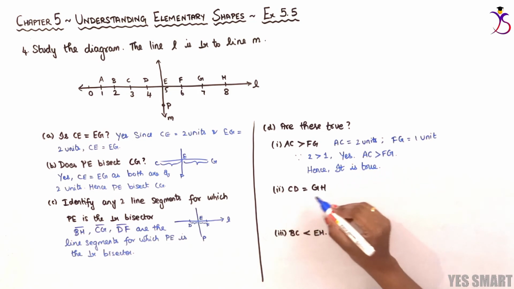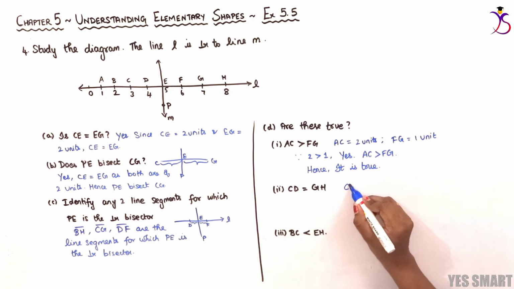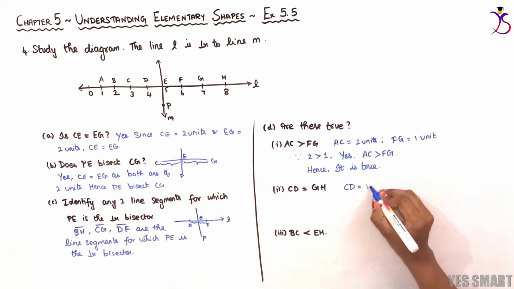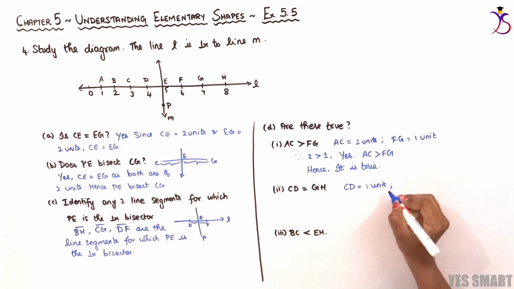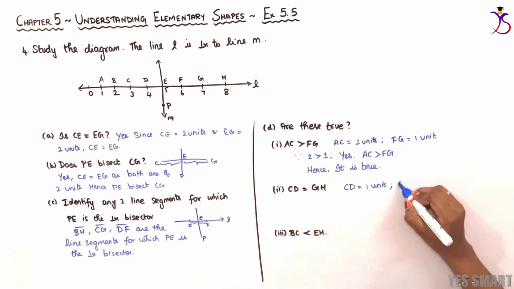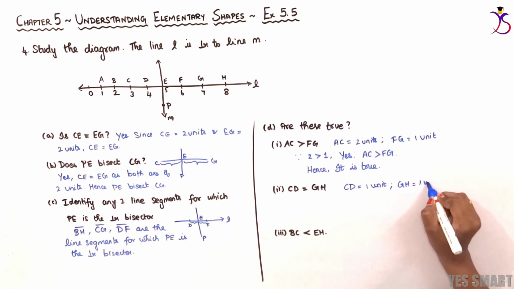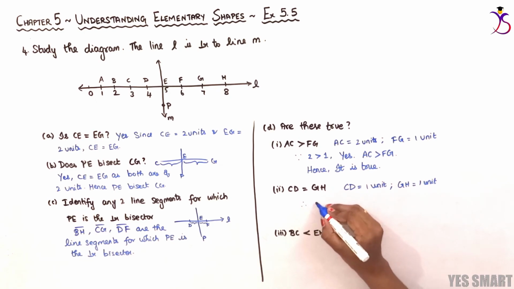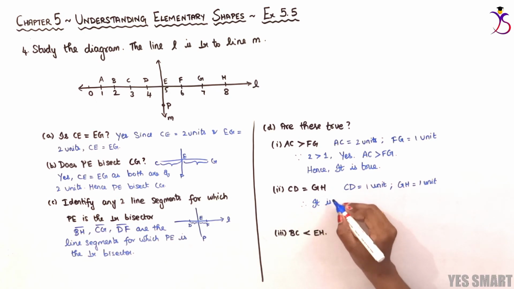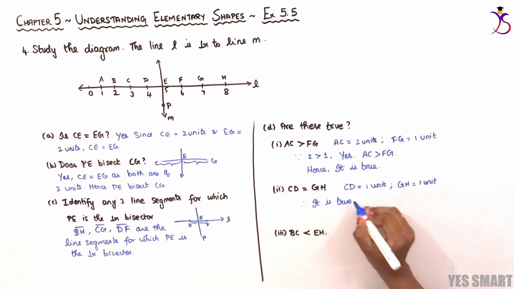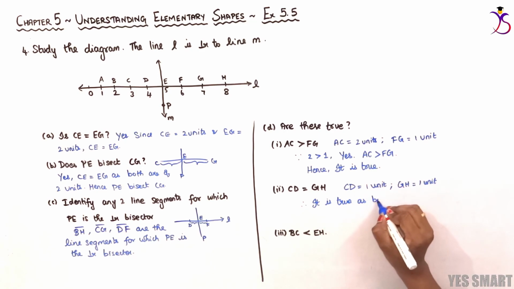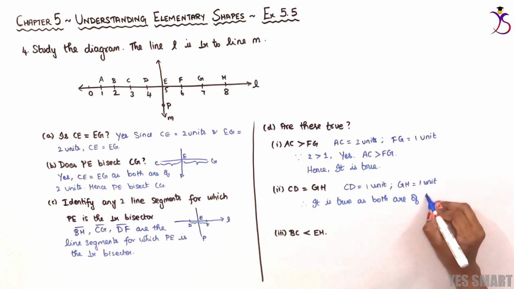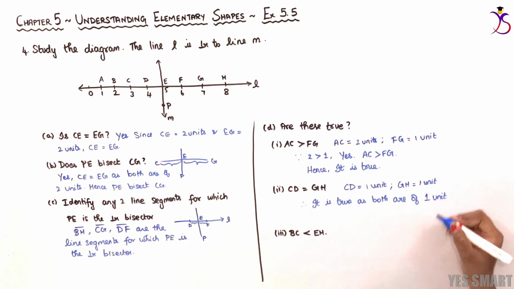Next, we have CD equal to GH. The distance of CD is 1 unit and the distance of GH is also 1 unit. Since both are equal, yes, it is true. Therefore, it is true as both are of 1 unit.